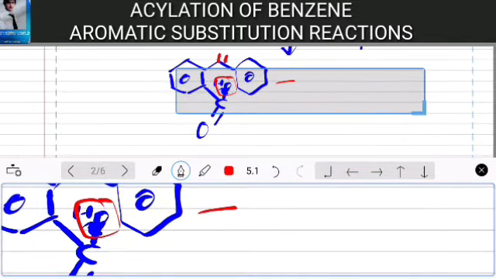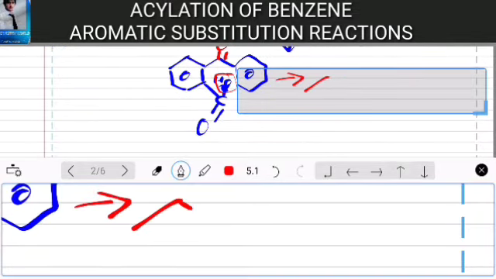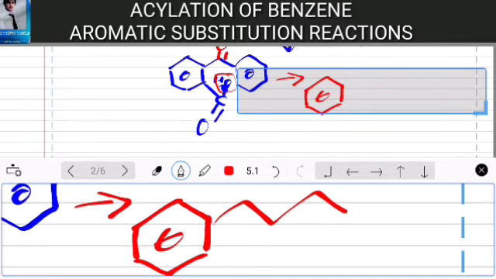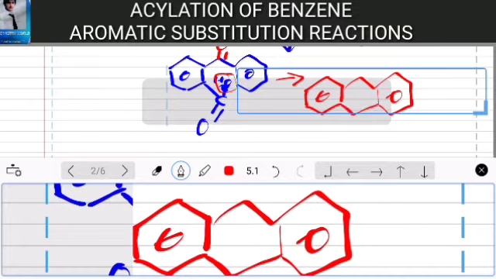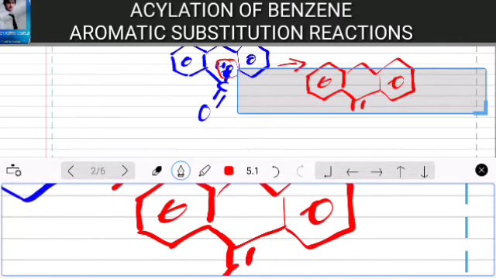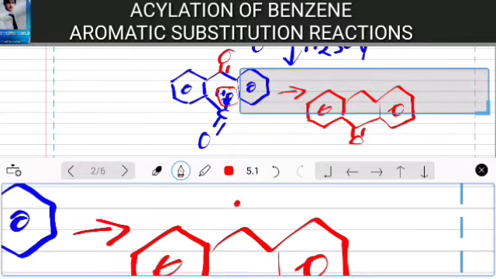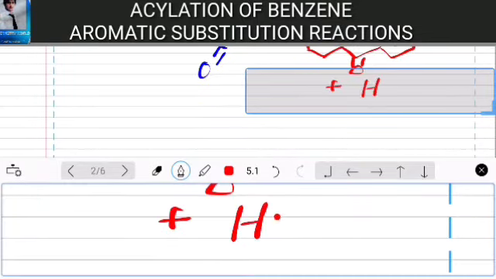Sorry, here we also have a double bond O, and we can get our ring closure and product in this form. One C double bond here and one C double bond here plus H2O.